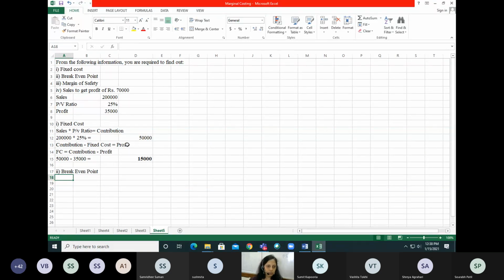But in this question, if you observe, selling price per unit is not given, marginal cost per unit is not given. So as per the requirements of the question, you have to choose the formula. So here break-even point is equal to fixed cost upon PV ratio.